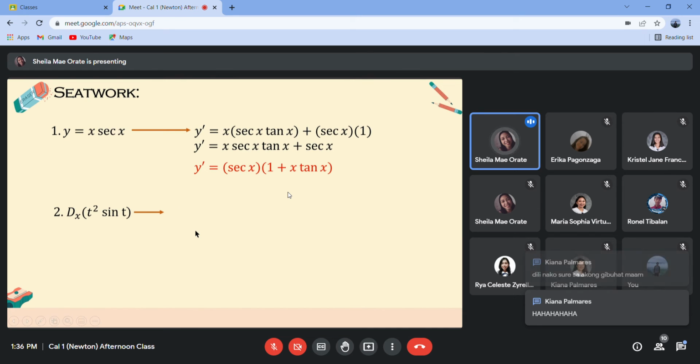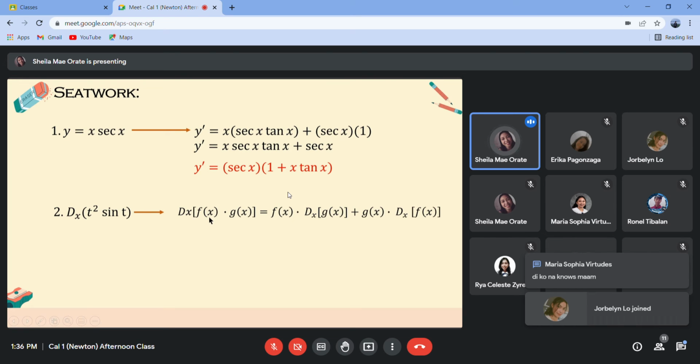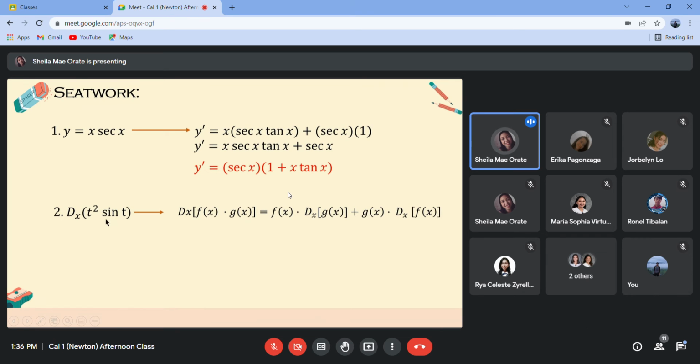Let's try to solve. Okay? What we will use here is, again, the product rule. So this is t squared times sine t. This is not a single term, unlike before; there is multiplication between them, so we use the product rule.